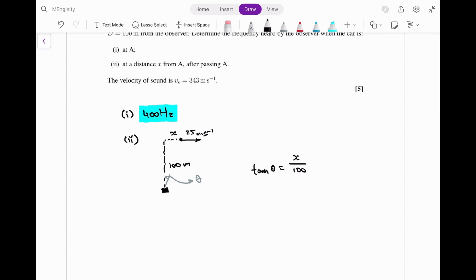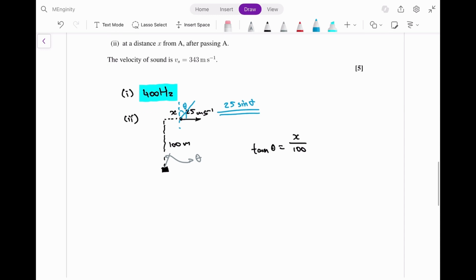And then what we have to do is to calculate, okay, so over here this should be 90 minus theta, because this is theta. So in order to calculate that, it should be equal to 25 sine of theta. So essentially what we have to do is calculate the sine of theta.